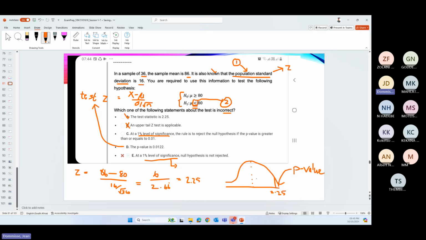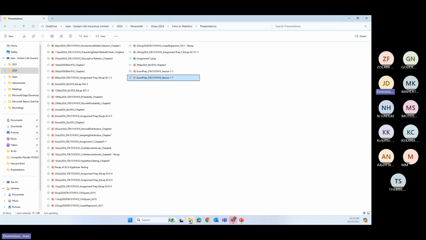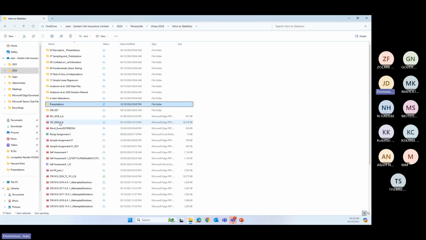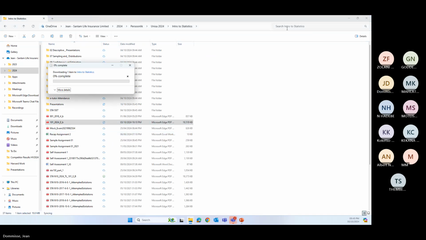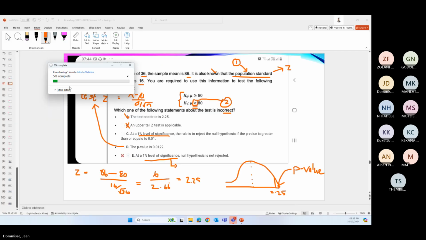Because it's one directional, it is only this side, it's not equal to, so it's only the one side. So let's look at what that p-value is. Let me quickly get into the table so that we can go to the p-value.